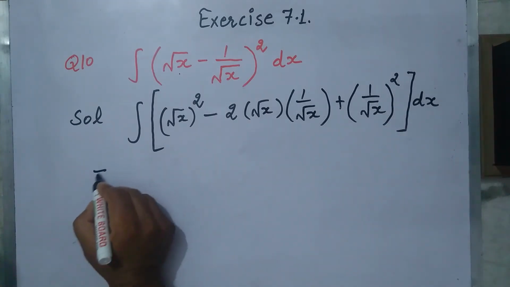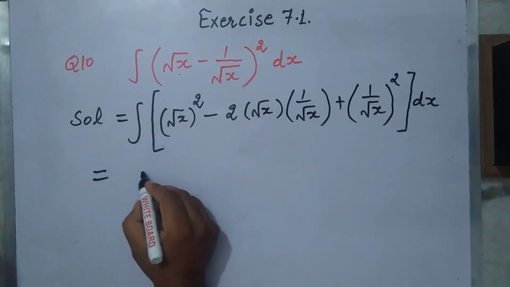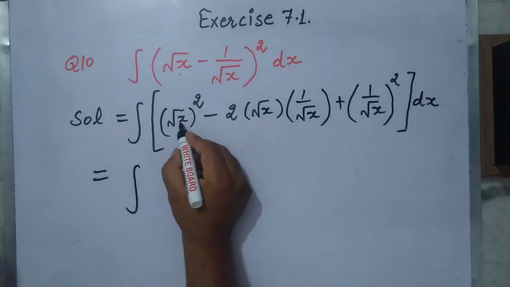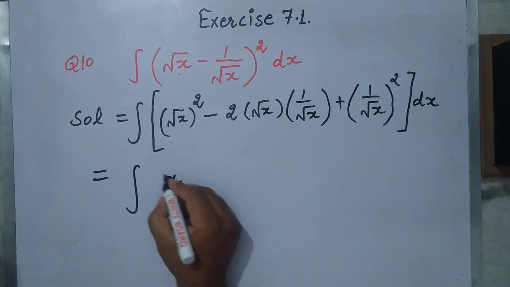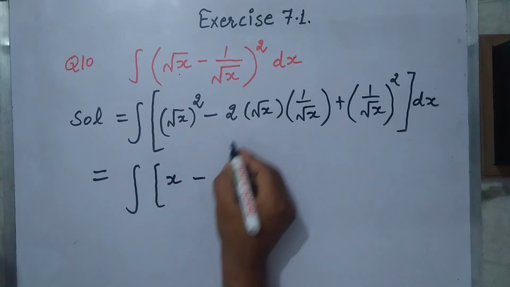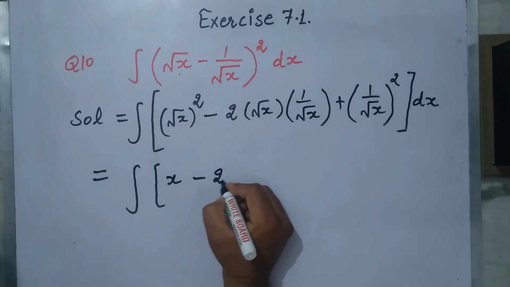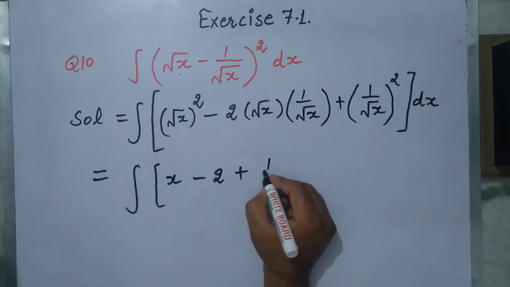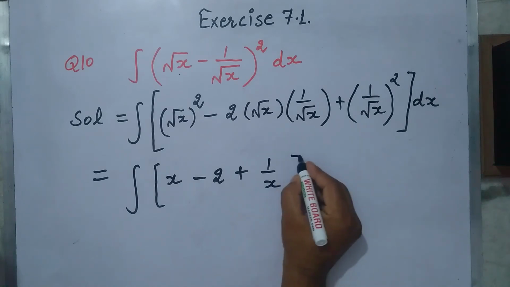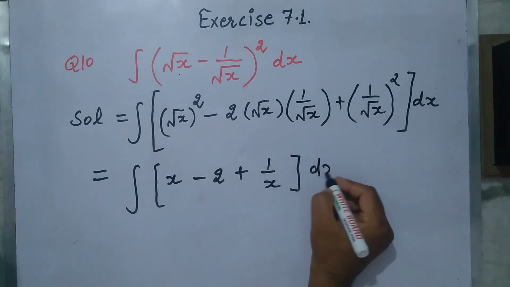So this is equal to integration, this is x minus 2 plus 1 upon x dx.